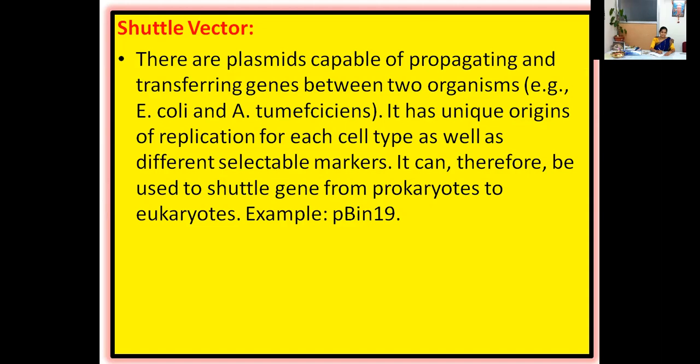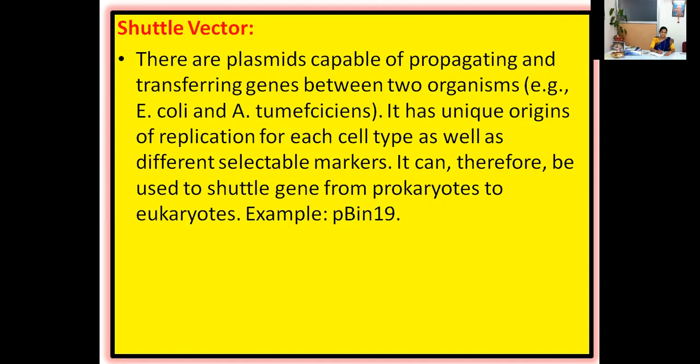It means they can propagate or transfer genes between the two organisms, with the same vector showing a dual character. It has unique origins of replication, that is ORI sites, for each cell type as well as different selectable markers.